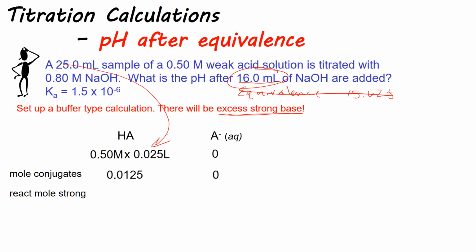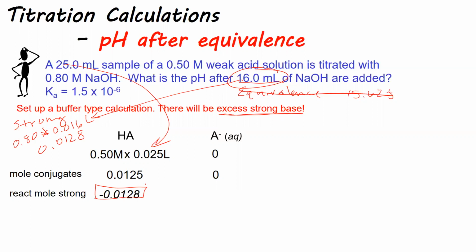If I react the strong base, so my strong base is 0.80 times the liters of 0.016. If you convert that to liters, you're going to get 0.0128. So I'm going to subtract that from my weak acid.